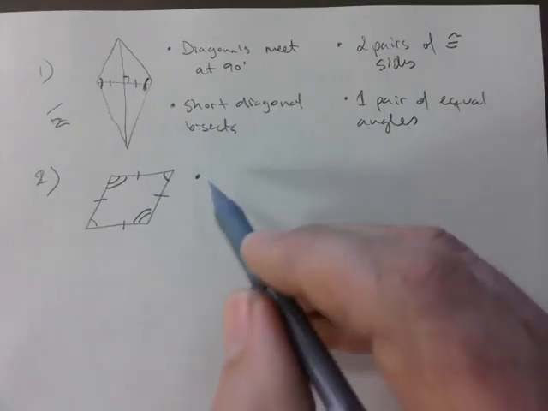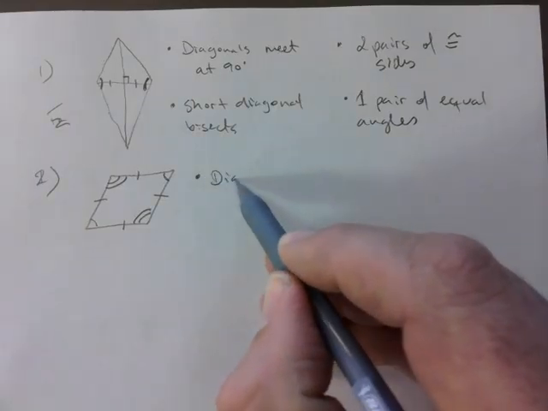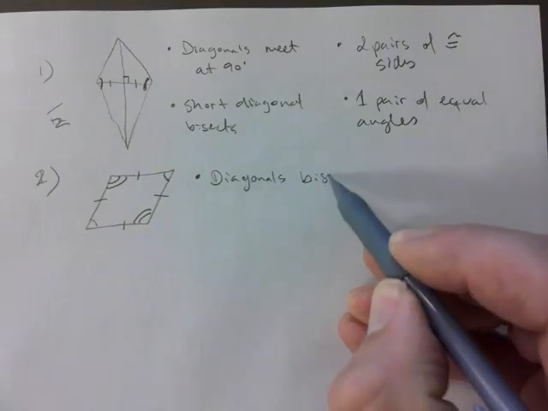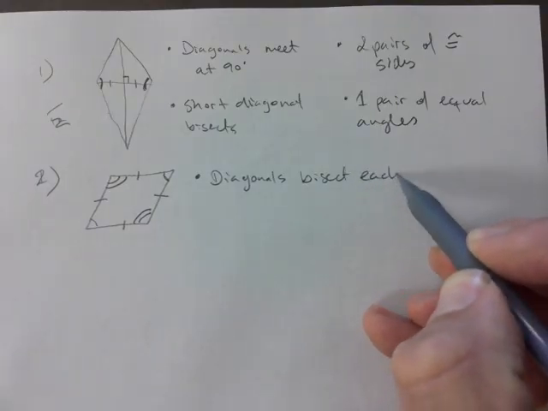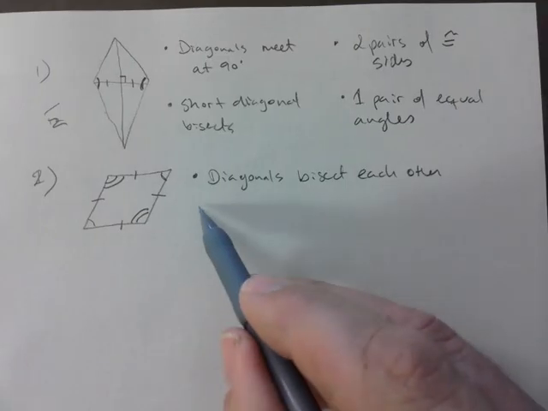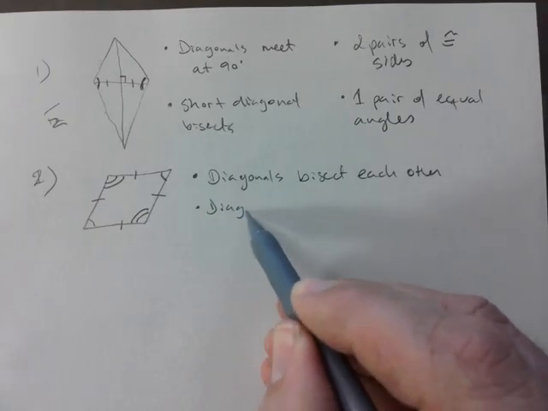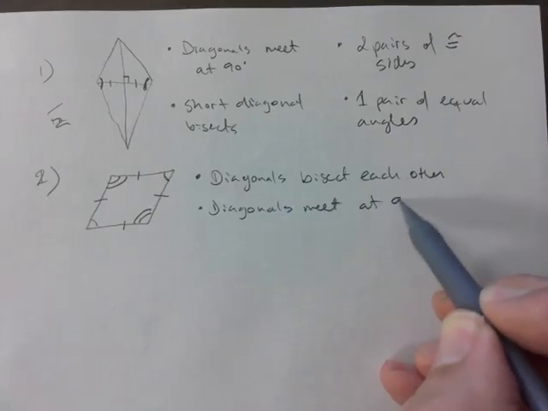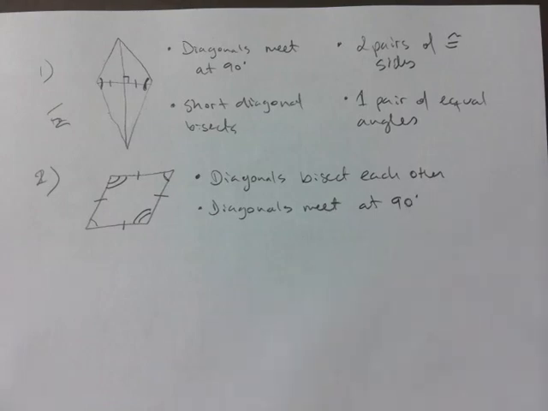If you didn't sketch, you can say diagonals bisect each other. They actually cut each other in half. Okay. You can say that diagonals meet at 90 degrees. That is also true.